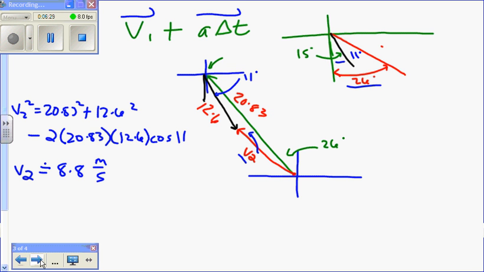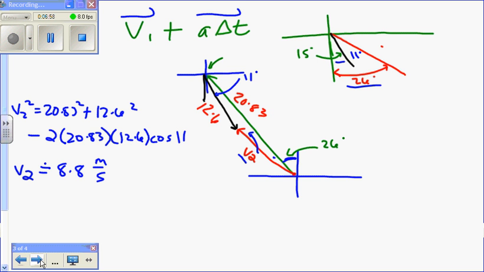Okay, so we have our V2, now we need to know the angle. Knowing that this in here is 26 degrees, if I can find this angle, I'm going to draw a dot to represent it, using sine law, then I can add it to the 26 degrees and report V2 as being whatever that sum is, west of north. So let's solve for the dot angle.